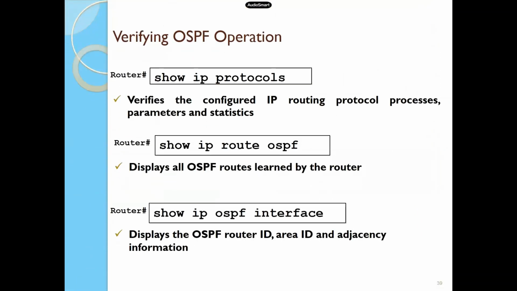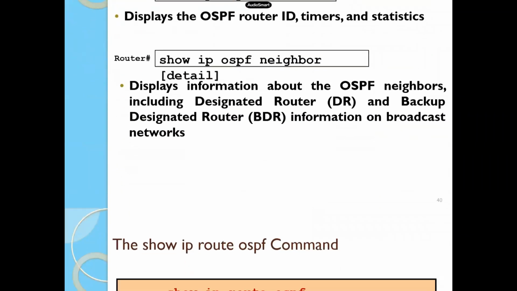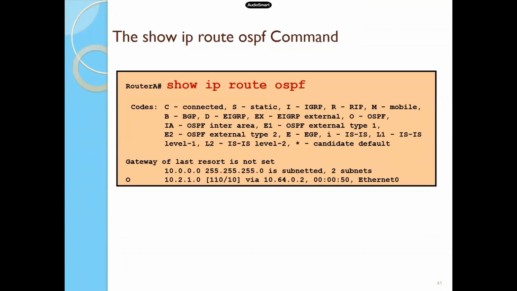All right, similarly, show IP protocol, show IP route OSPF, show IP interface. That's going to be again the topic for next week. Remember, S is for static, R for RIP, O is for OSPF.